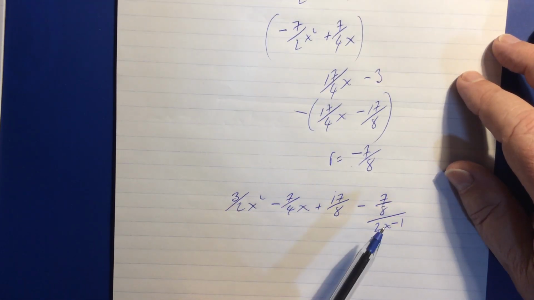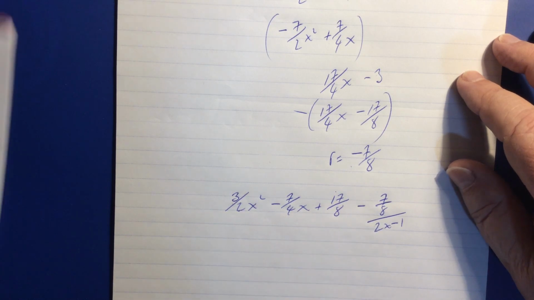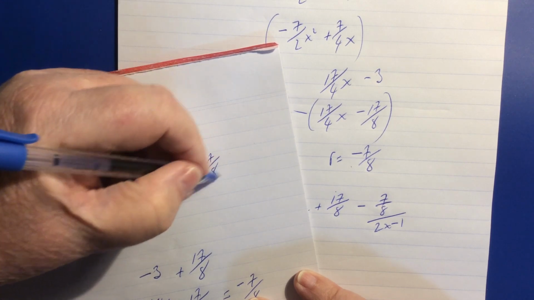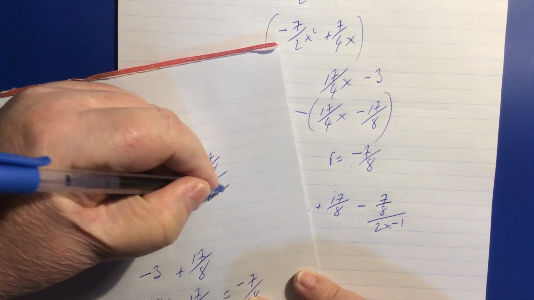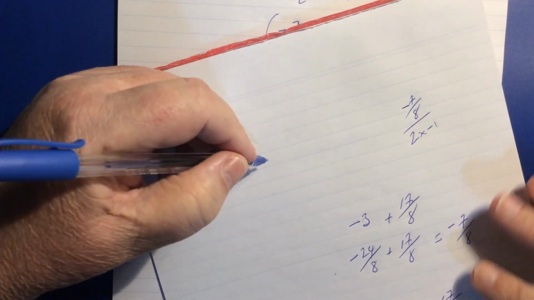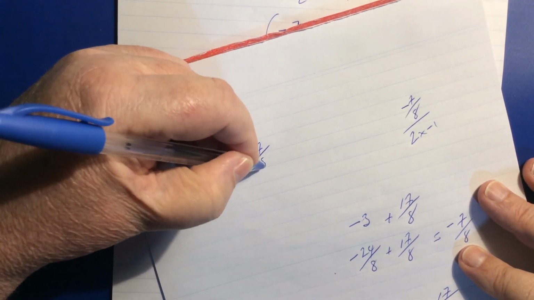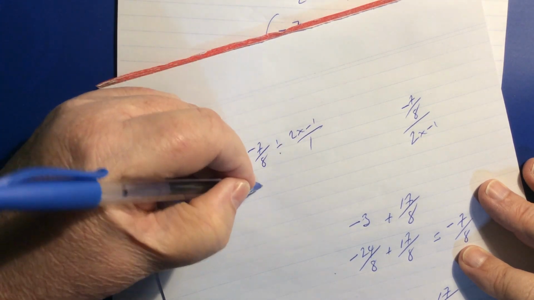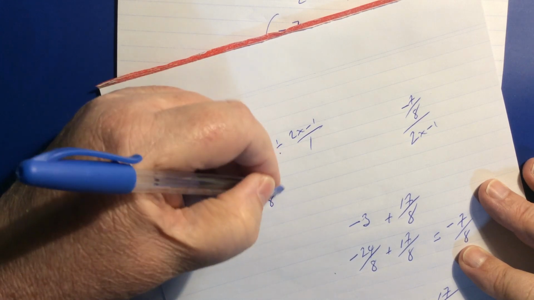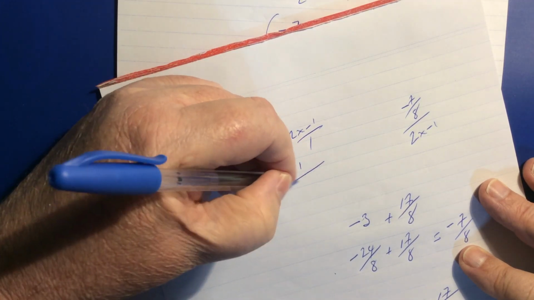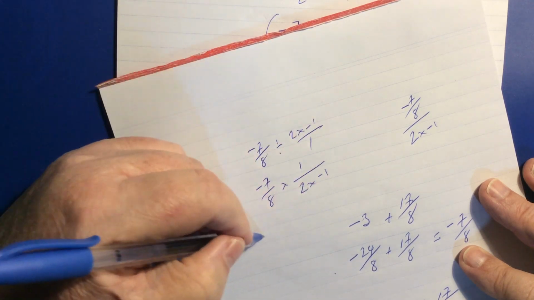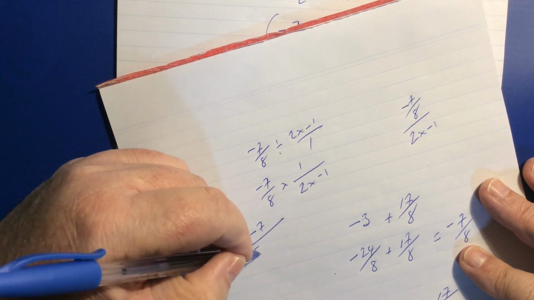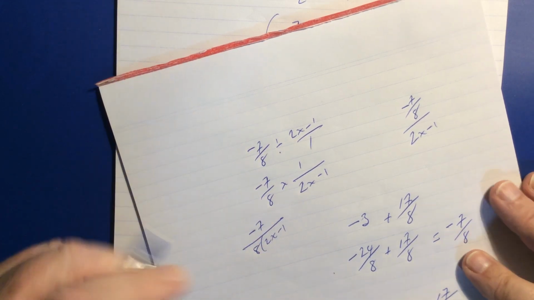Now, I'm able to tidy this up. So just let me go to work on that. So I have negative 7 on 8 divided by 2x minus 1, which is, I'll do it over here, negative 7 on 8 divided by 2x minus 1 over 1. So that is negative 7 on 8 times 1 over 2x minus 1, which is negative 7 over 8 into 2x minus 1.